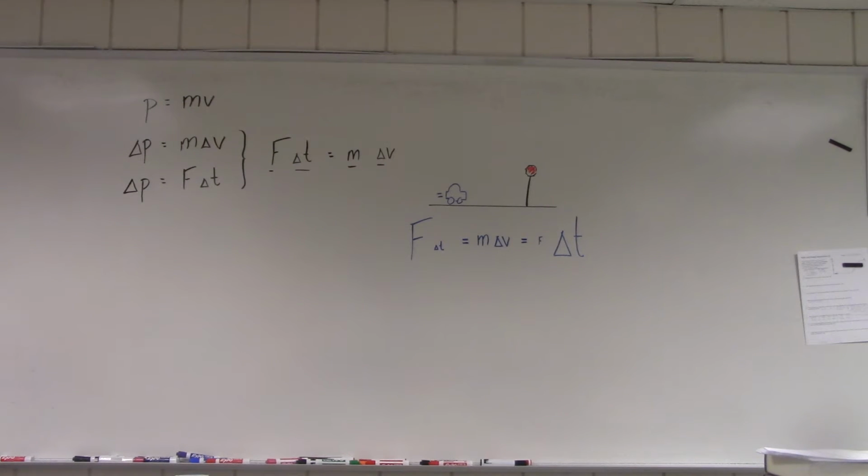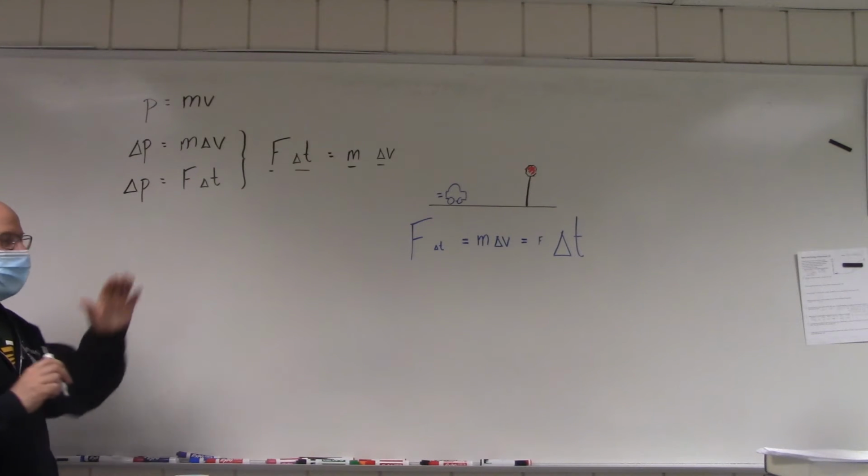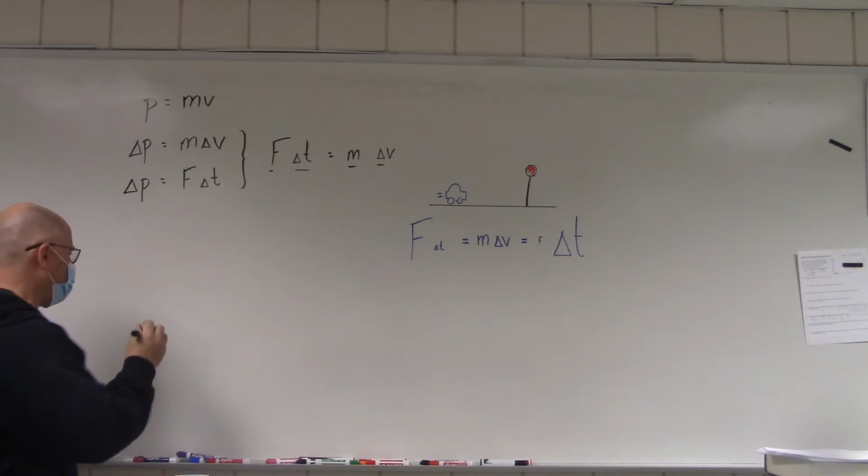So it's called an inverse relationship between force and time. Larger force would be smaller time. Larger time would be smaller force. Does that make sense to you? Why is this useful? Why are we talking about it at all? Great question. Because so much of your world is constructed to take advantage of this idea. Let me show you what I mean.